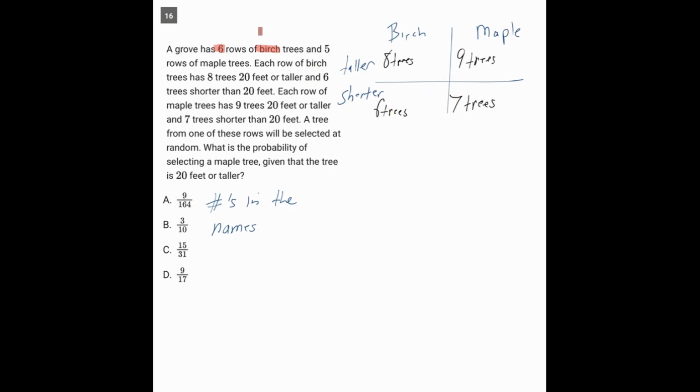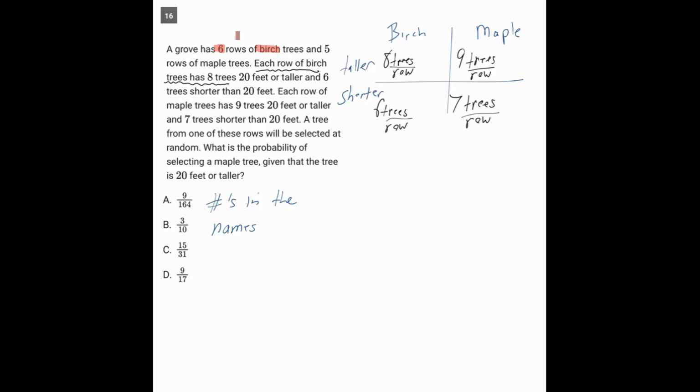And let me show you how to apply that. Just going back a tiny bit, for the birch trees, there were 8 trees that were taller per row. So instead of just calling them trees, let's call them trees per row. And that goes for all of these. These are all the number of trees per row.